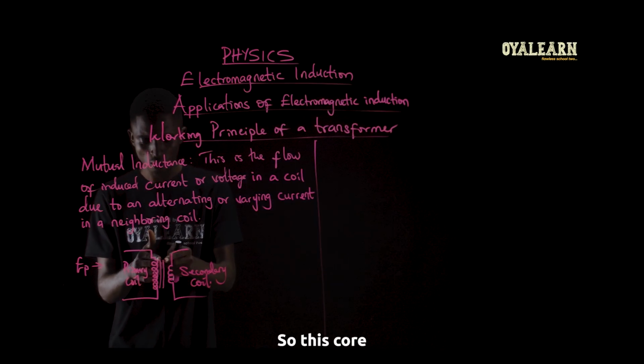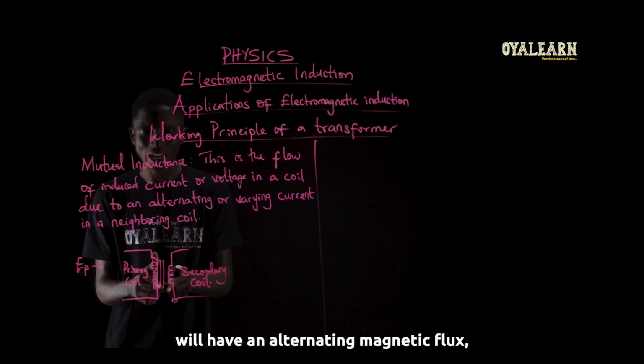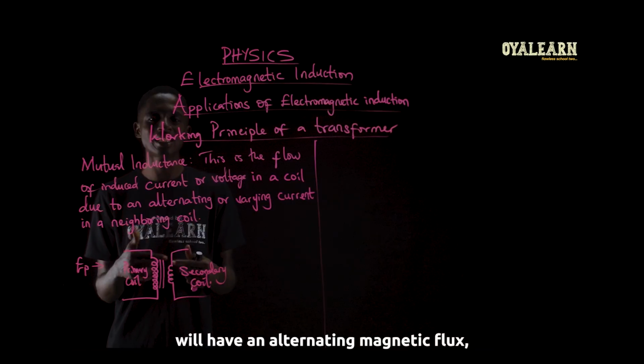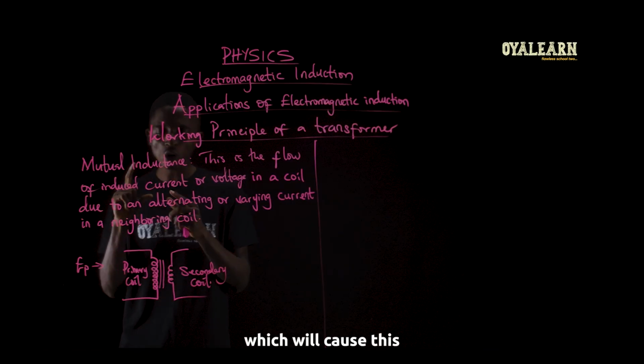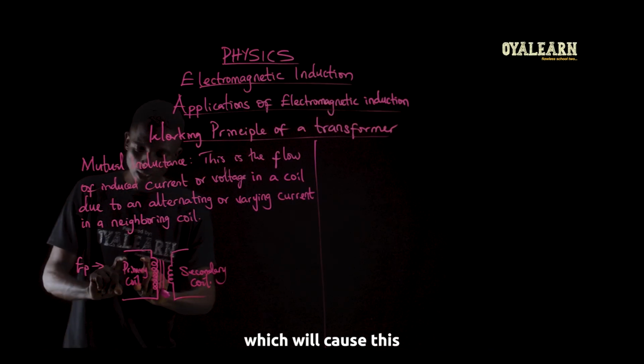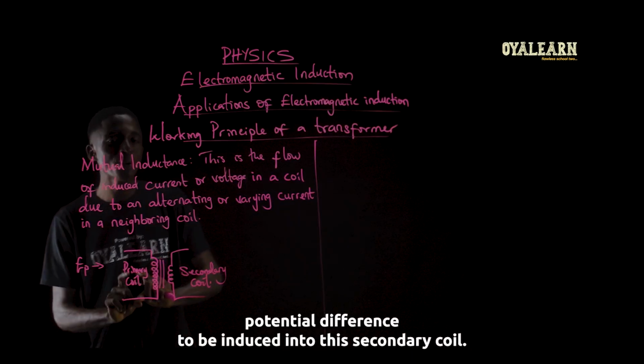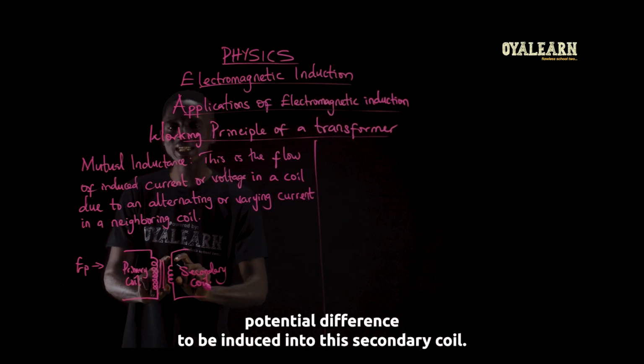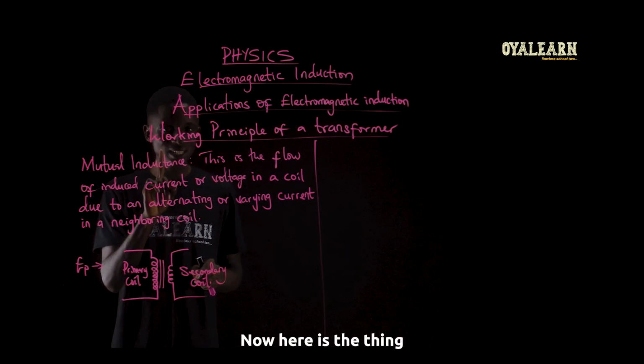So this core will have an alternating magnetic flux, which will cause this potential difference to be induced into this secondary coil.